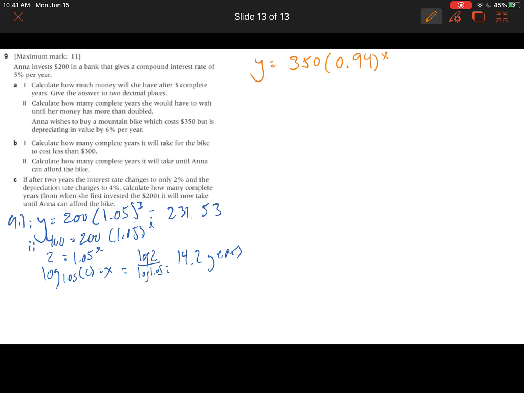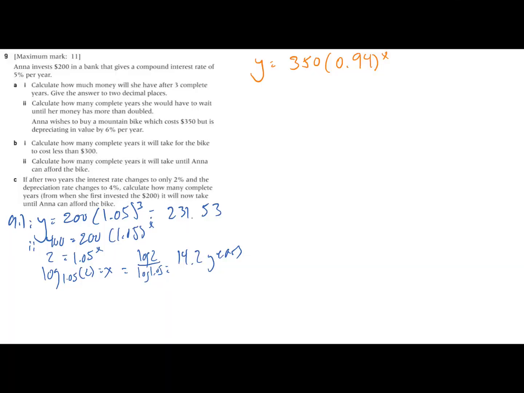Looks like it does not take that long. After 2 years, it's still a little bit too high, but after 3 years, so 3 complete years, it's going to be less than that.